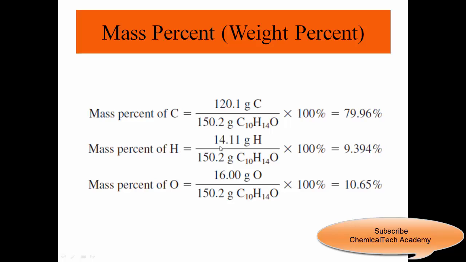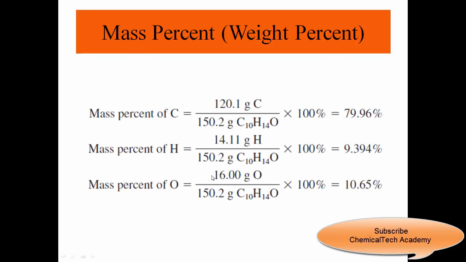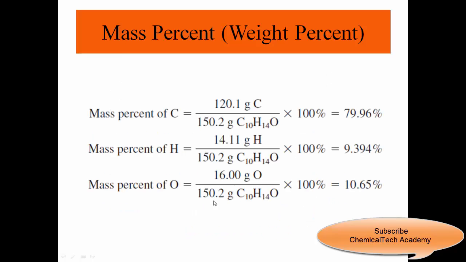For hydrogen we have 14.11, so 14.11 divided by 150.2 grams times 100%, we get 9.394%. And for the mass percent of oxygen, we have 16 grams of oxygen divided by 150.2 grams times 100%, so we get 10.65. As you see here, when we add all these 3 numbers, we get 100%.